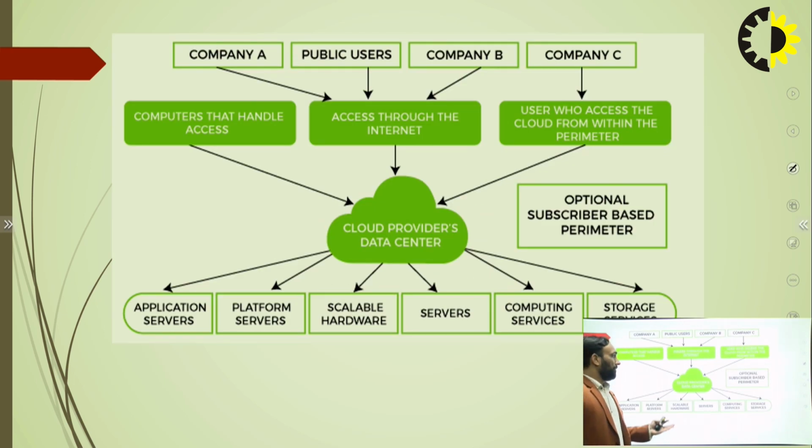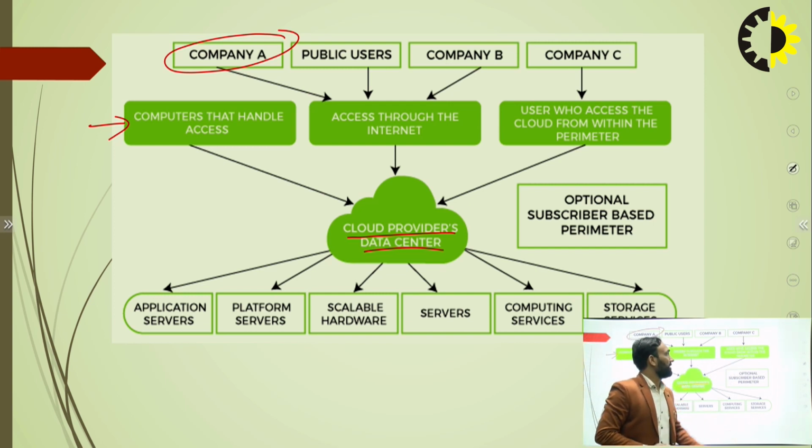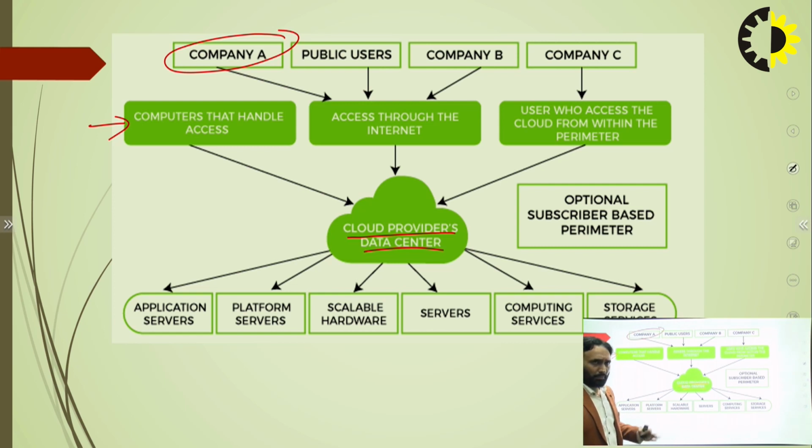This is a basic block diagram in which we can see it easily. It is a cloud provider data center to which all the companies or users who access the services are connected, like company A, public user, company B, company C, and they have different types of usage. For example, company A accesses through the internet, and company C accesses the cloud from within the premises.